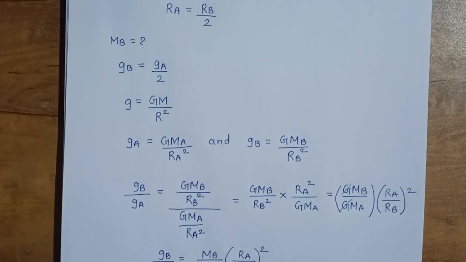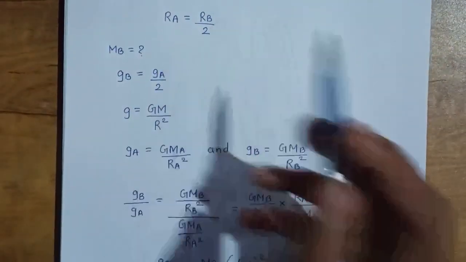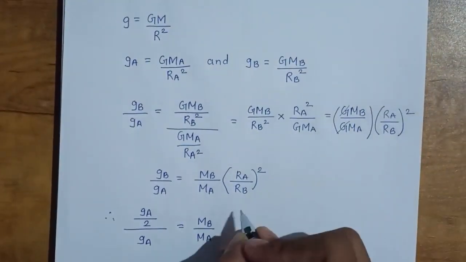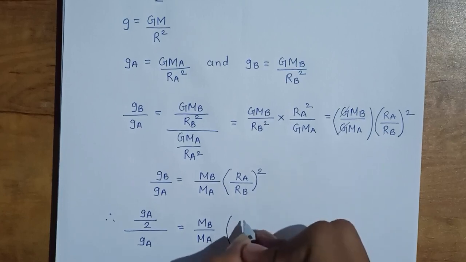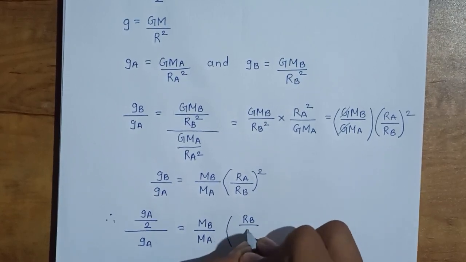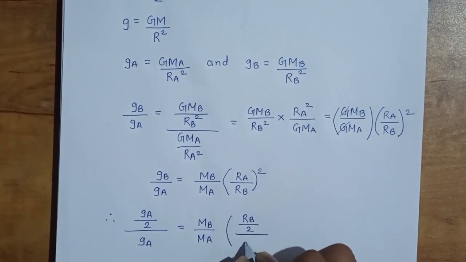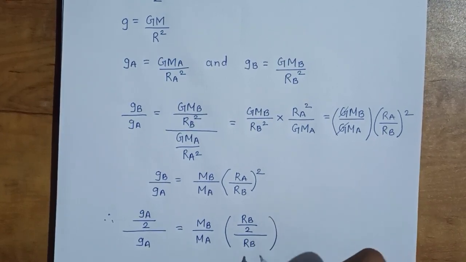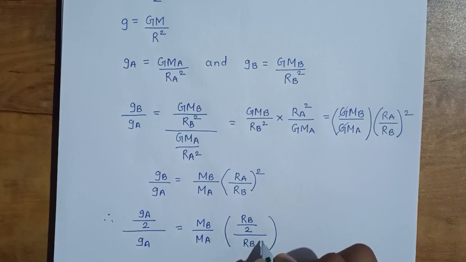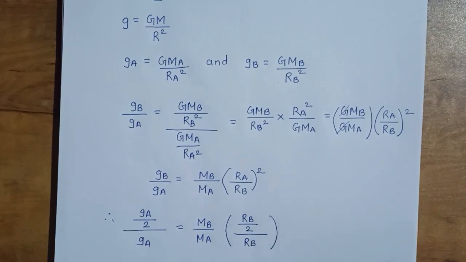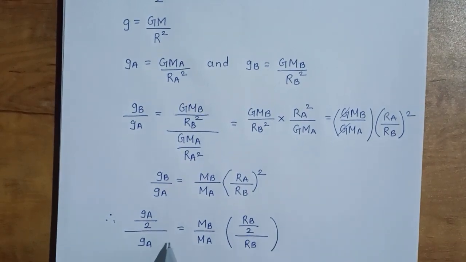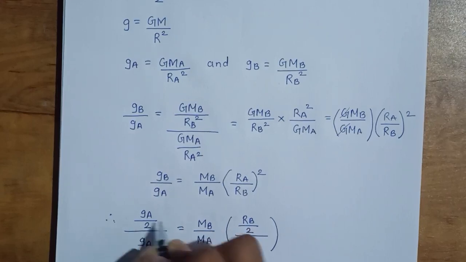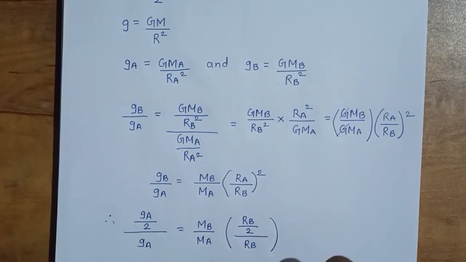Here RA equals RB by 2, so we will substitute that value of RA, that is RB by 2 divided by RB. So RB and RB will get cancelled and 1 by 2 will be remaining. Similarly GA and GA will get cancelled, and 1 by 2 will be remaining.